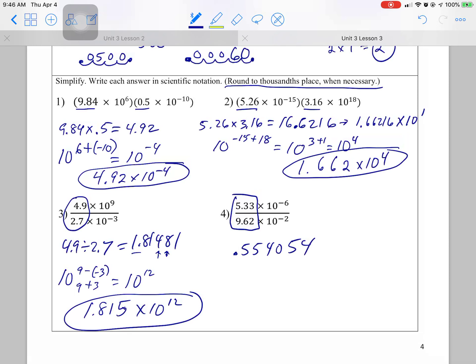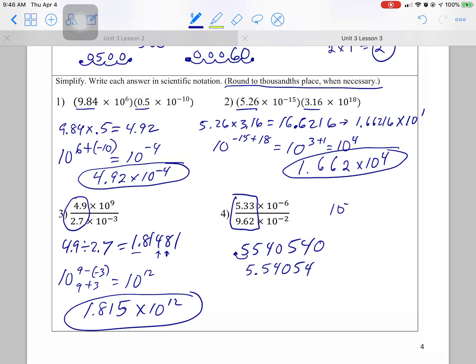That's not in scientific notation, so I need to move it 1. 5.5405. That was a 0, so that's still a 4. I'm eventually going to need to round it to the thousandths, though, but right now that's that.